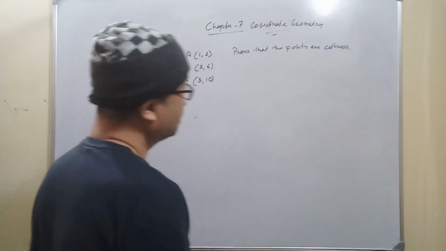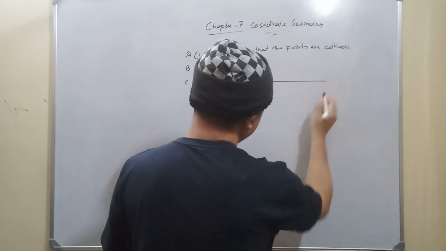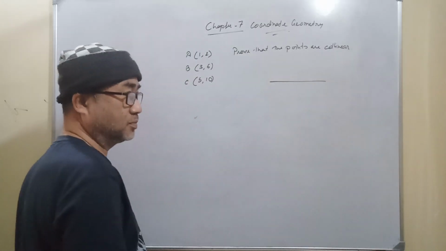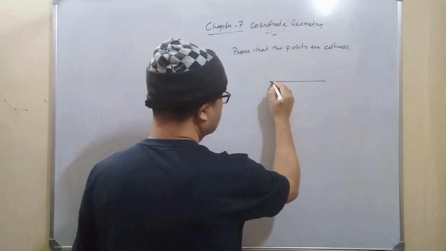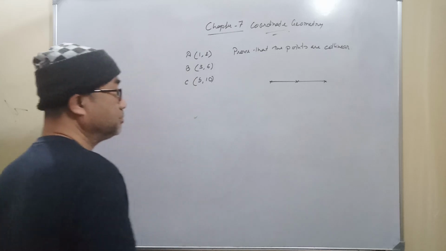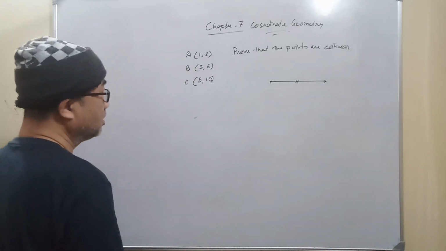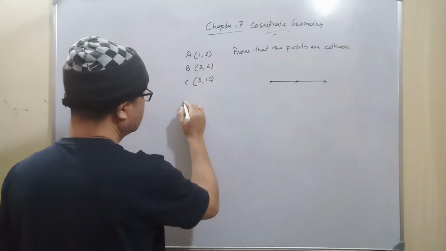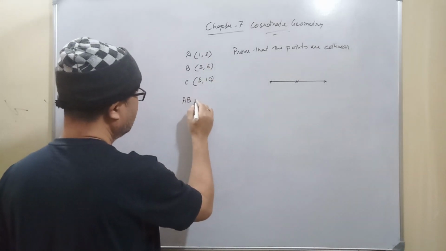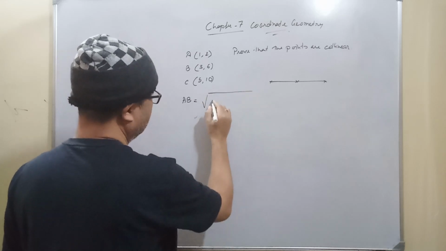What does that mean? Collinear means they lie on a straight line. Okay? So 3 points, they lie on the same straight line. So to prove that, we first find the distance between A and B, AB, by using the distance formula.